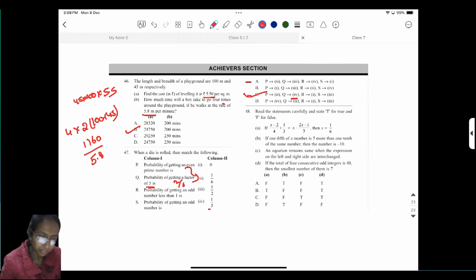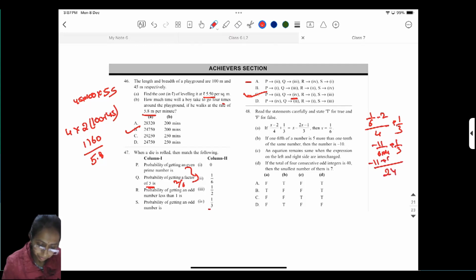Now 48th, read the statement and say true or false. If this is equal to this, then x is equal to 1 by 6. We can check it just by substituting the value x equals 1 by 6 in both LHS and RHS. So 1 by 6 minus 2 by 4 plus 1 by 3, which is minus 11 by 6 into 4 plus 1 by 3. Minus 3 by 24, which is giving us minus 1 by 8.